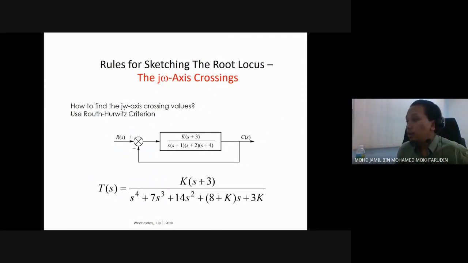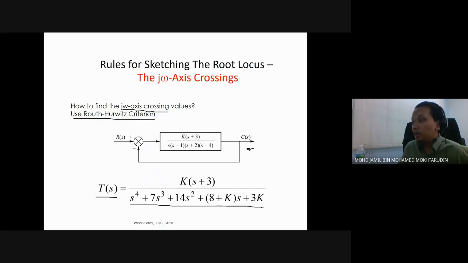For finding it, you need to use the Routh-Hurwitz criterion. The first step is to simplify the block diagram given here, find the transfer function, and then simplify the denominator.